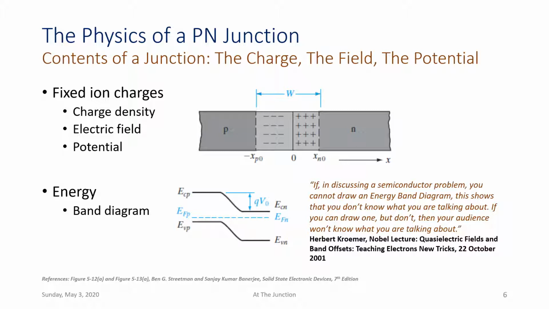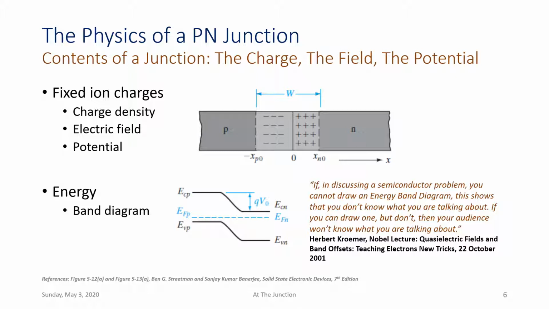And when we forward bias, the qV0 that you see on the slide decreases. And if we reverse bias, the qV0 on the slide increases, making it difficult for the carriers to move in the junction or across the junction.